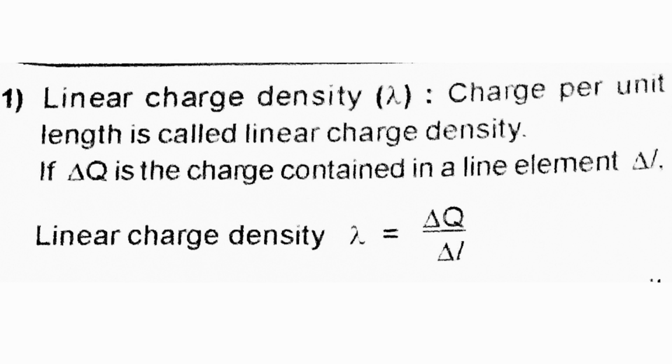Here we can consider a very small length delta L, and the charge will be the small amount of charge present over this length delta L. Now how can we write linear charge density? Lambda is equal to delta Q by delta L. Only this equation you have to remember. Lambda is equal to delta Q by delta L is the linear charge density.